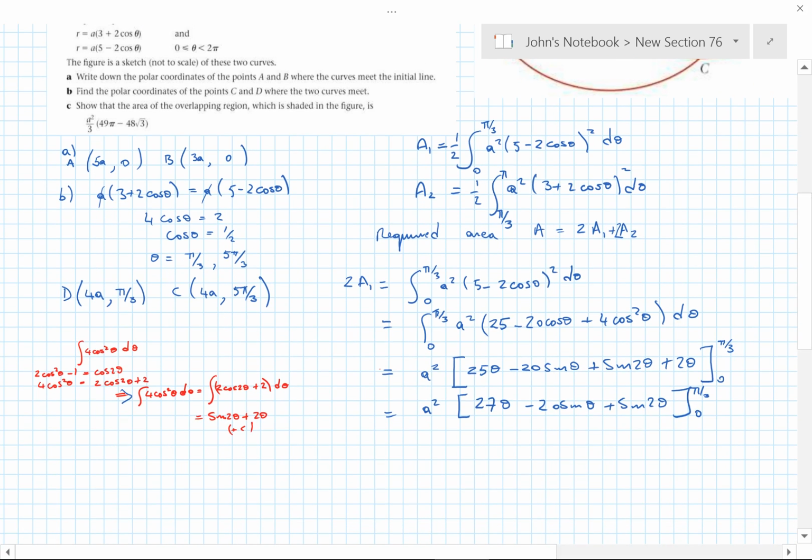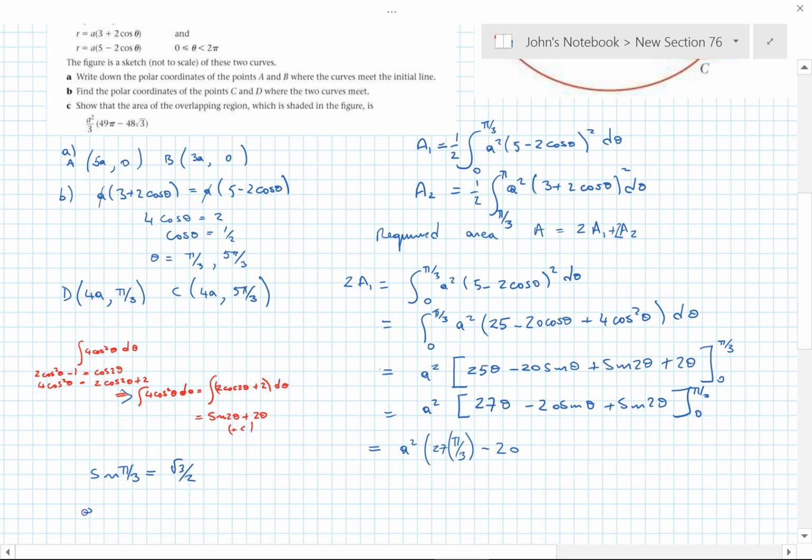Okay, so I noticed the 0 bit here is not going to produce any values, so I often look at that. Does the 0 actually produce any values when you input it, and it doesn't, they're all 0. So anyway, we have a squared bracket 27 pi by 3 minus 20. Now it's useful to know sine pi by 3. We should know this. We really should.